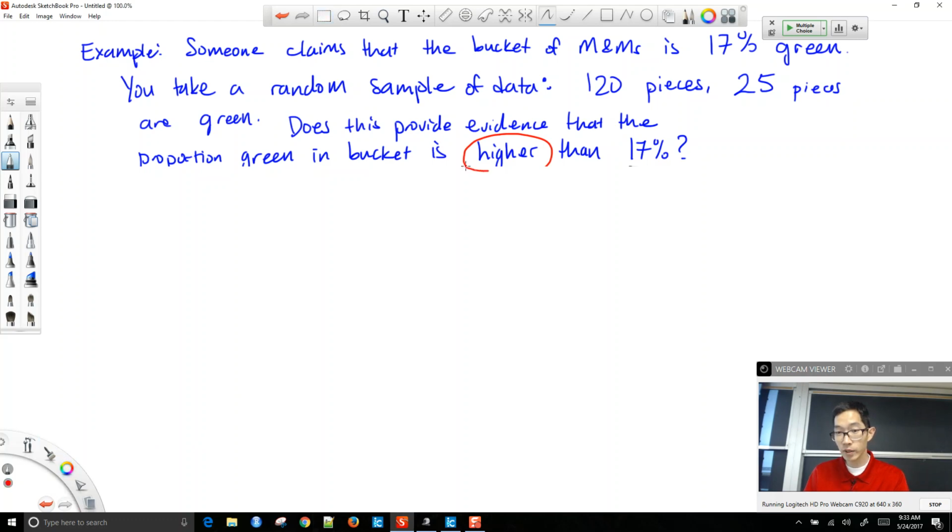Okay, and so we've already established the hypotheses. Part one, setting up the hypotheses. This has already been done. So our null hypothesis is P is equal to 17%, and our alternative is that P is greater than 17%.